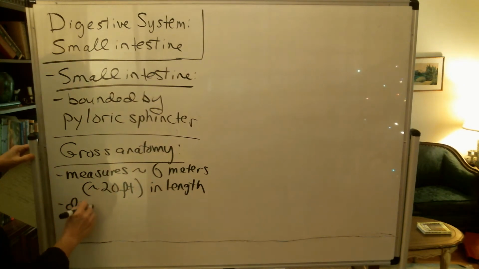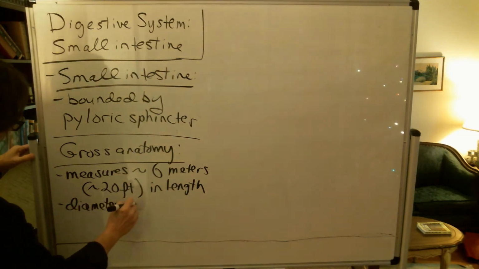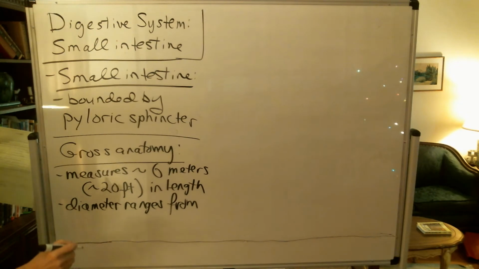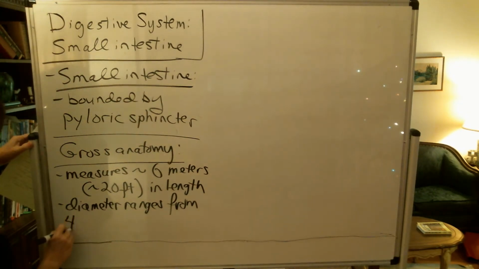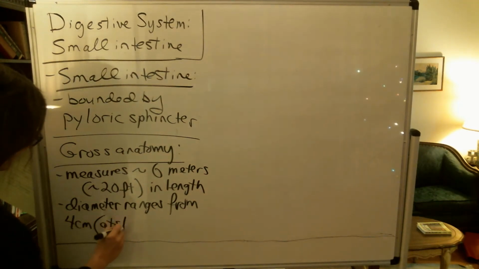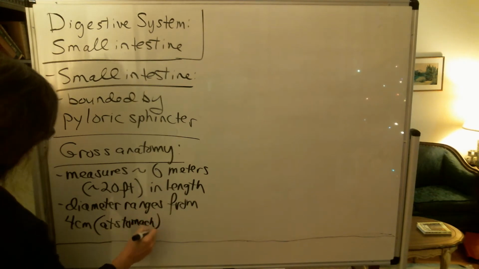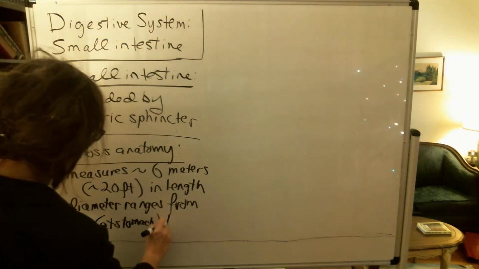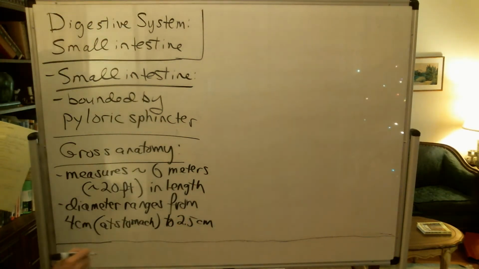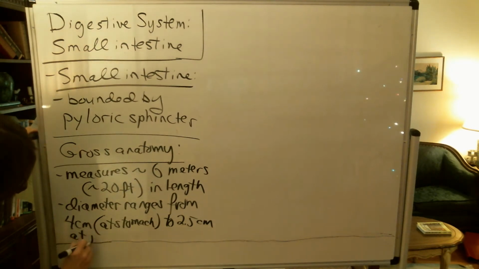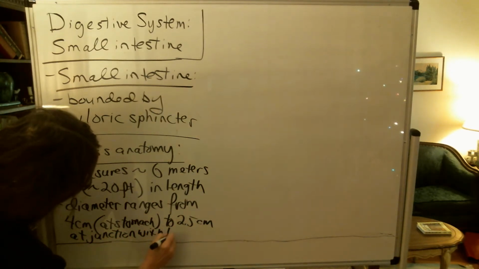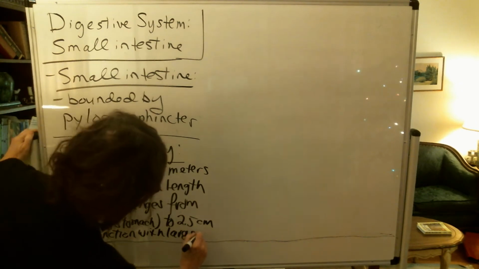And the diameter ranges from about 4 centimeters at the stomach to 2.5 centimeters at the junction with the large intestine.